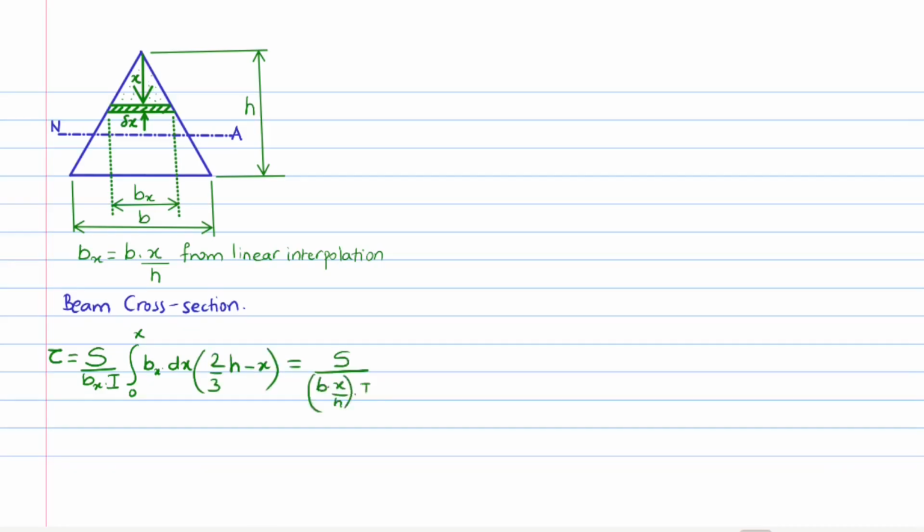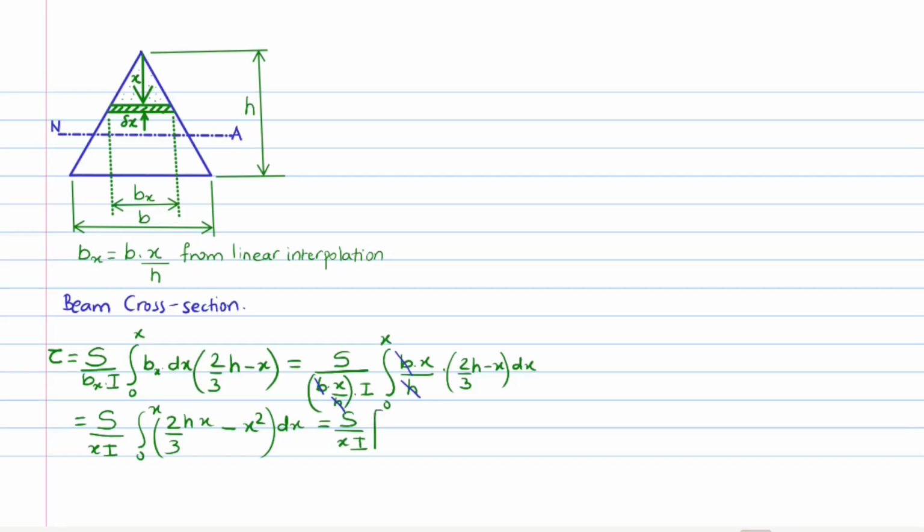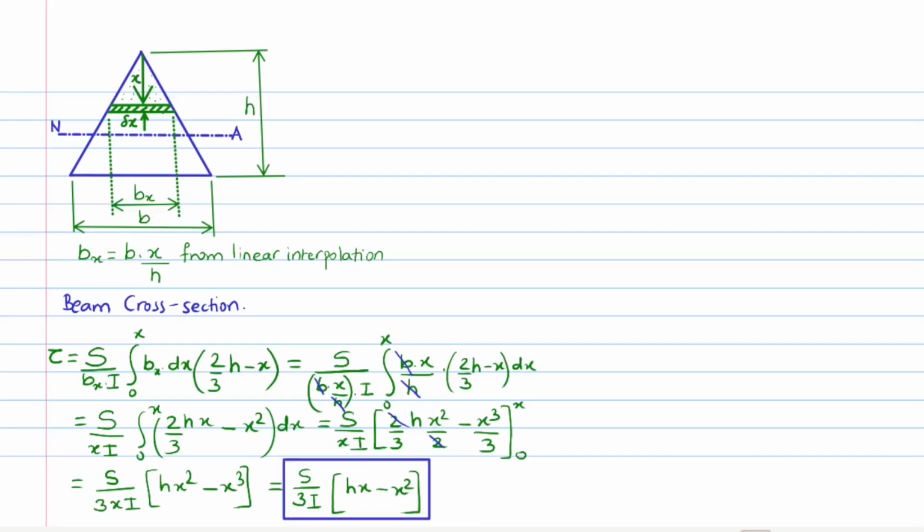This is simplified gradually and the limits of 0 to x are applied to get the shear stress as S over 3I times h times x minus x squared. This shows that the shear stress varies parabolically with respect to the distance x from the apex of the triangle and is a maxima type of curve since the double derivative is negative.